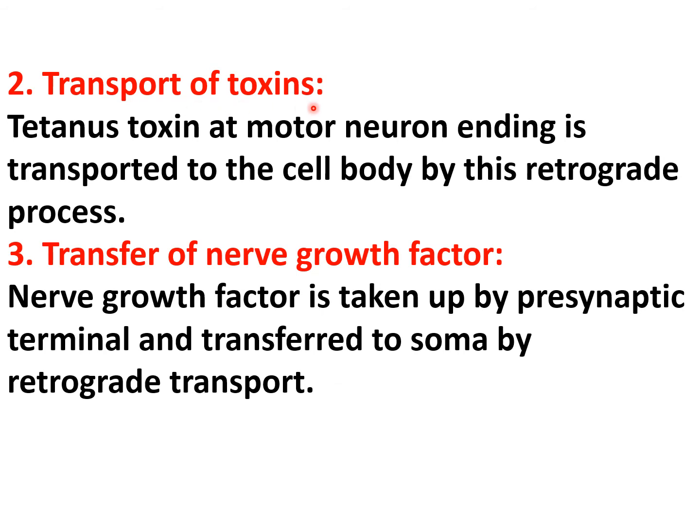Then transport of toxins. Tetanus toxin at the motor neuron ending is transported to the cell body by this retrograde process. Then transfer of nerve growth factor. The nerve growth factor is taken up by the presynaptic terminal and transferred to the soma by retrograde transport.